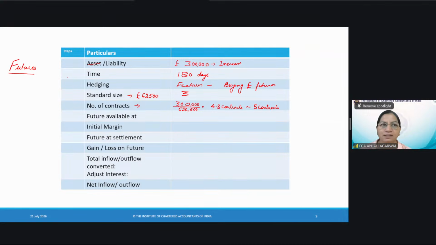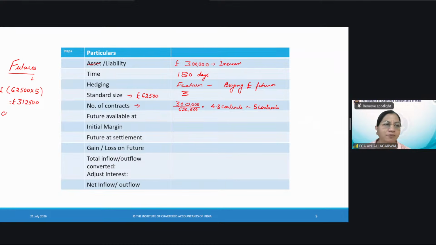And this is the reason in futures, because you have taken 62,500 into 5 pounds. The total number of pounds involved in 5 contracts are 62,500 into 5, so we have 312,500 pounds futures which we have bought.